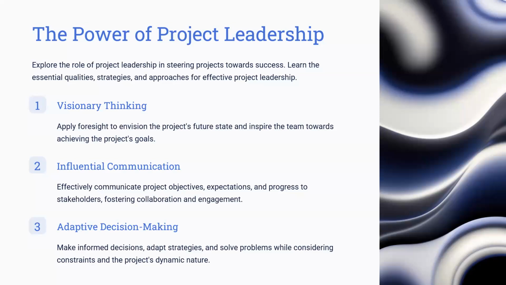Second one is influential communication. So the leader has to influence the team. The leader has to motivate the team members, make them work for the project, make them give their best skills and everything for the project.